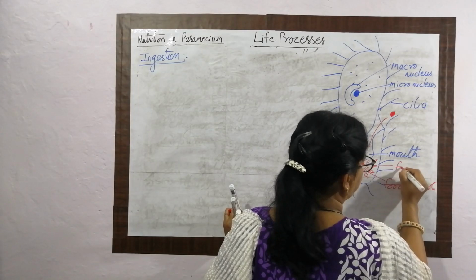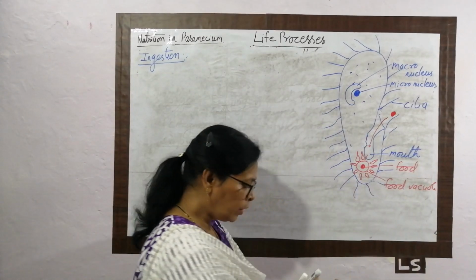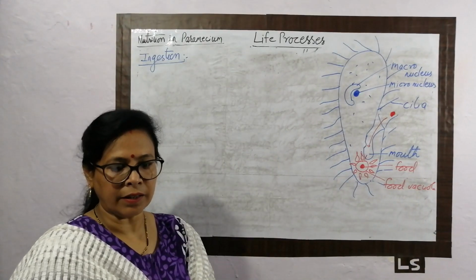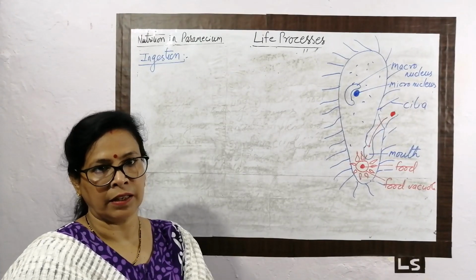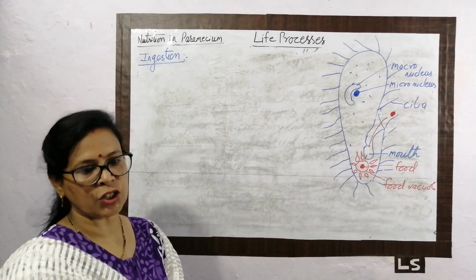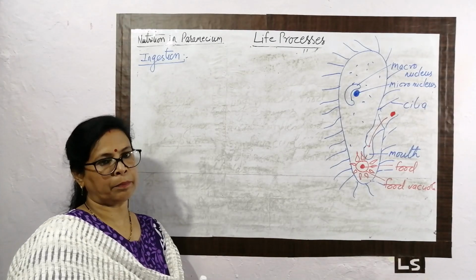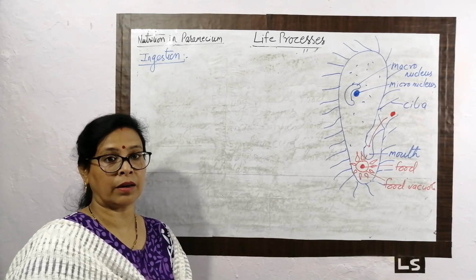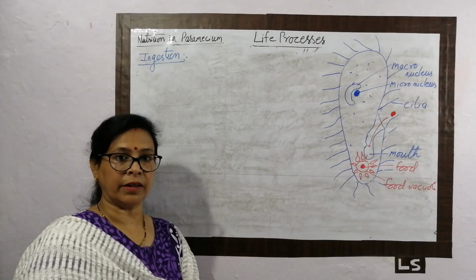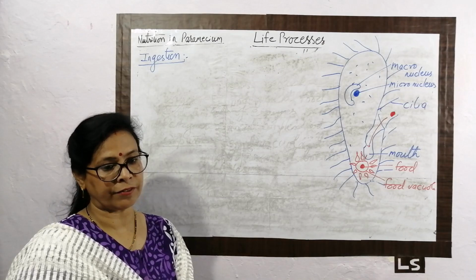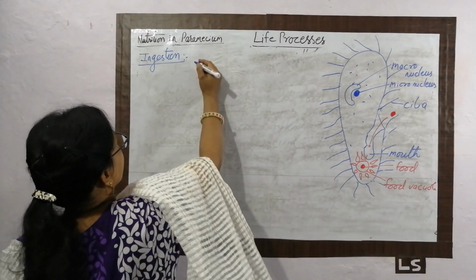Okay, this is the food vacuole. This is food. Only the difference is the way of feeding of the cell, and that process is called the ingestion. What is the difference between amoeba and paramecium regarding nutrition? It means only the engulfing or cell feeding method is different. What happens in the paramecium?